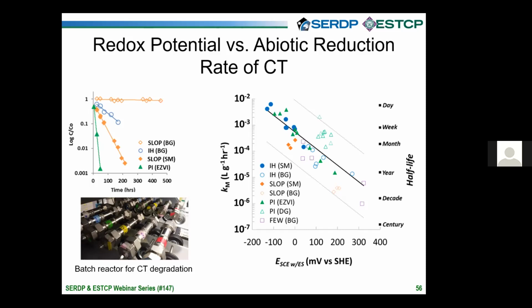Well, that's the whole premise of this approach: the solid phase will automatically respond to the right partner electron shuttle. In the earlier two SERDP projects, we tested individual electron shuttles. We know the standard reduction potential of those redox probes. Then we applied those in our system, and we know when the mineral responded and when the mineral did not respond to the addition.